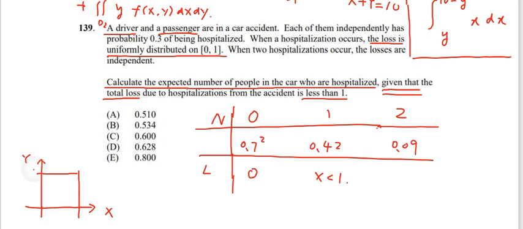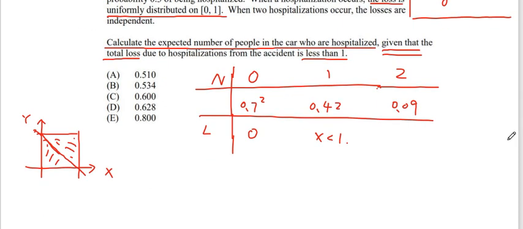So this is the line x plus y equals 1. Here the total loss is less than 1, and here the total loss is larger than 1.